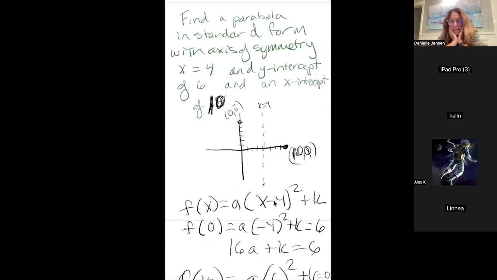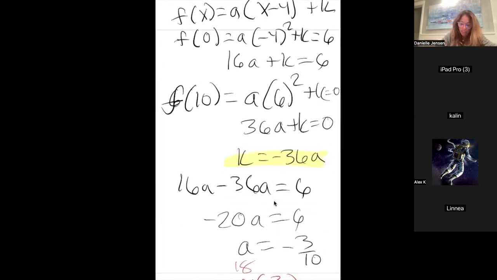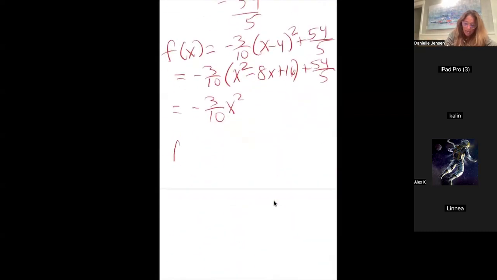Some people like to do unknowns with A, B, and C in standard form. The problem is you really need 3 full points, and I only know 2 full points, because I don't know the y coordinate of the vertex.